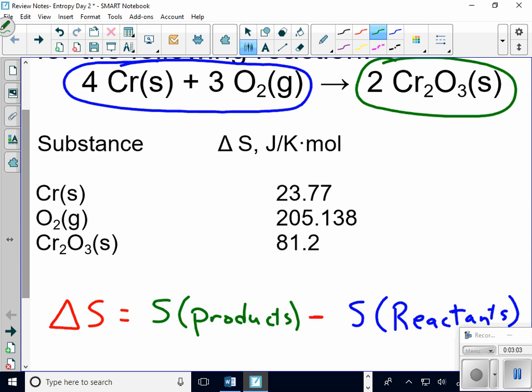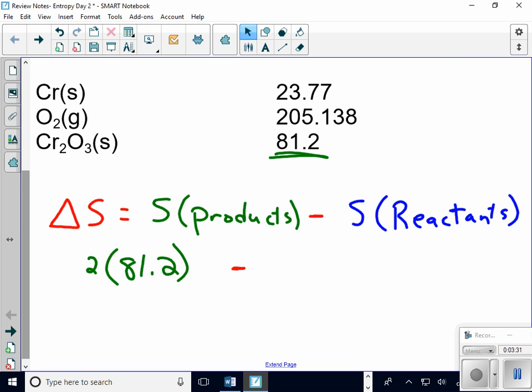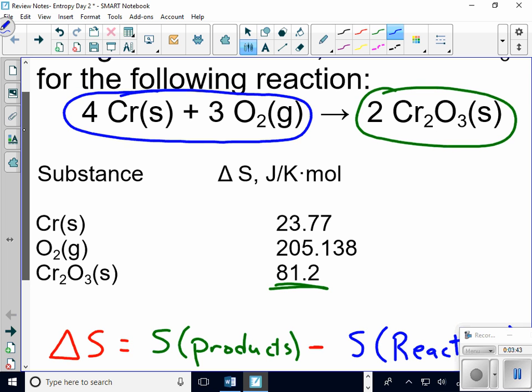That is important because when I'm doing my calculation down here, I take 81.2, which is the value for chromium 3 oxide. But remember that there are 2 of them, so I have to multiply that by 2. Then I'm going to subtract my reactants. Now I'm going to put a big bracket on here because my reactants are 4 chromium and 3 oxygen, right?